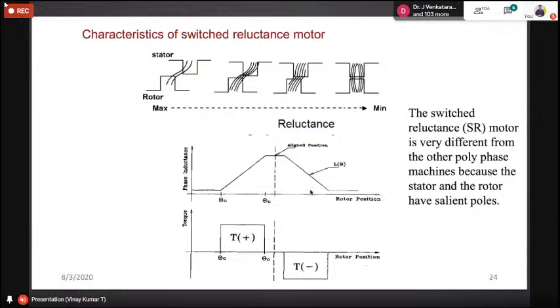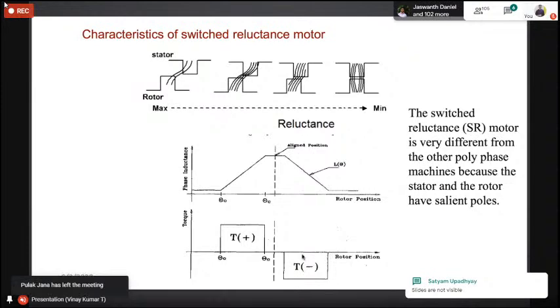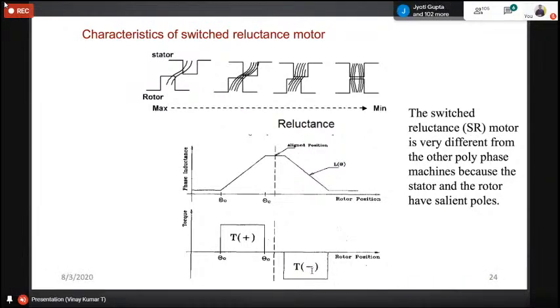Right? When our rotor poles leave the zone, immediately you have to unexcite the stator poles in motoring mode. In motoring mode, positive torque is required. If you want to generate positive torque, you need to excite the stator poles when our rotor poles lie in this zone. Otherwise, when our rotor poles lie in the other zone, you should not excite the stator pole, or you will get negative torque. This negative torque always works opposite to the positive torque.